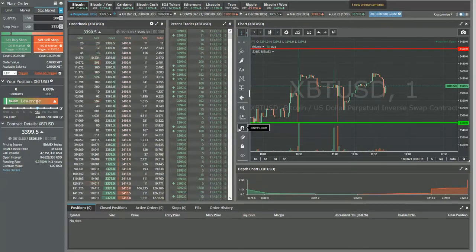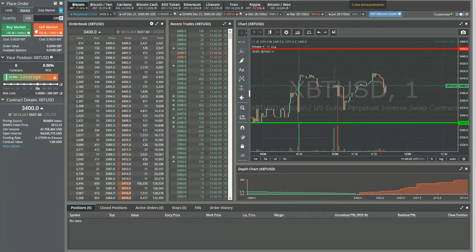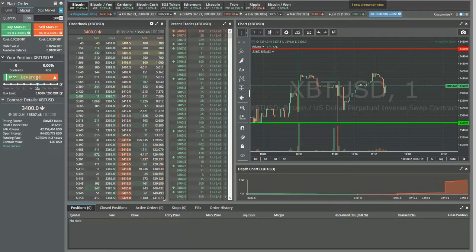Now, the difference between maker and taker fees. When you do a limit order and your order goes into the order book, you get paid what is called a maker fee. When you do a market order, you pay what is called a taker fee.